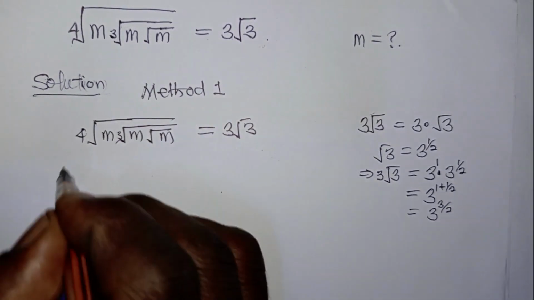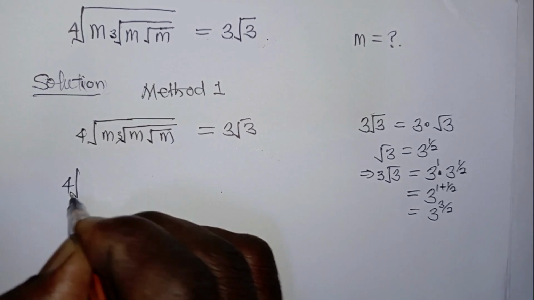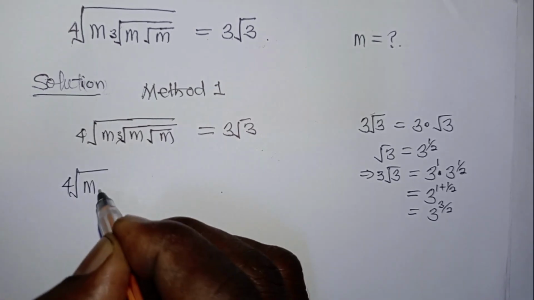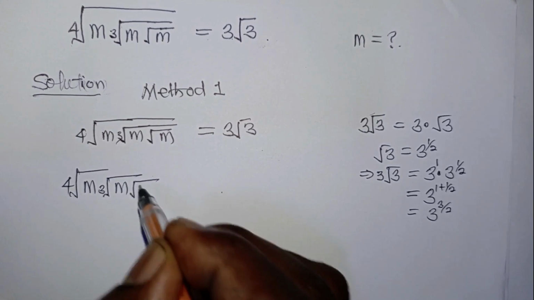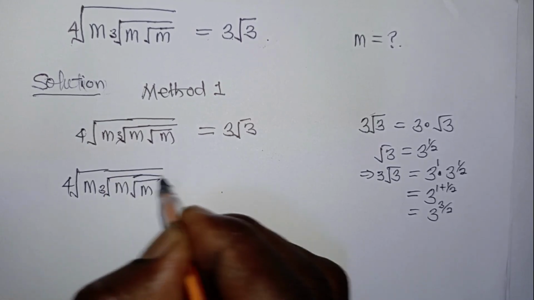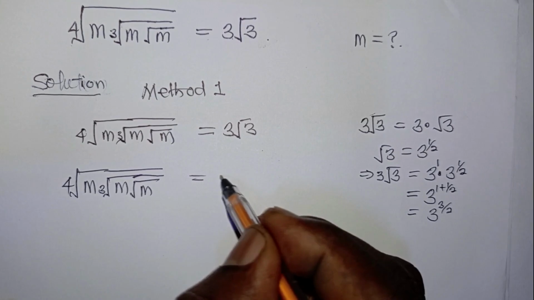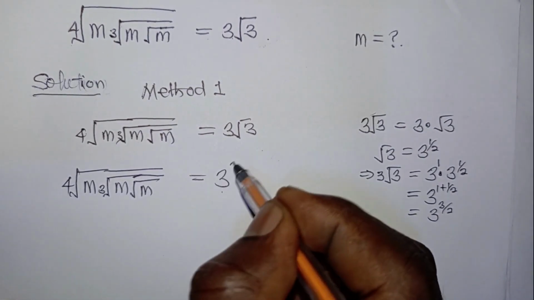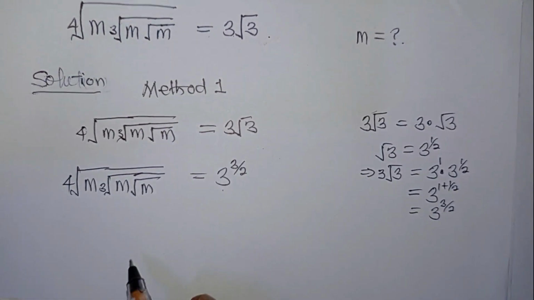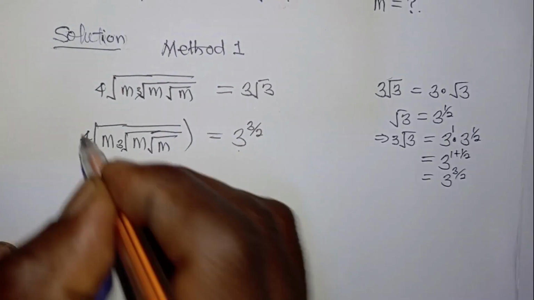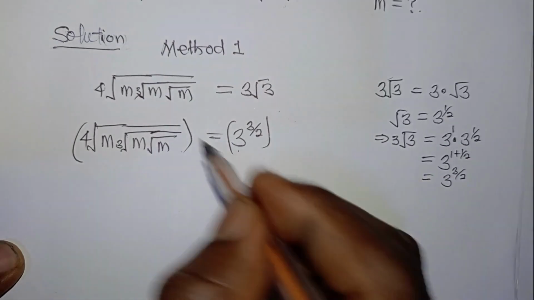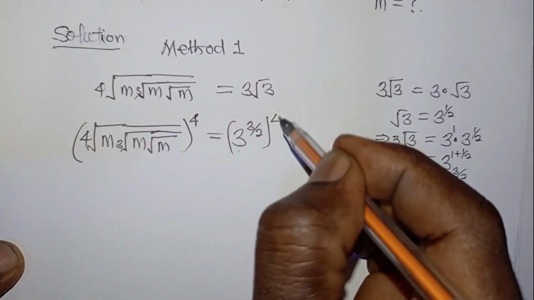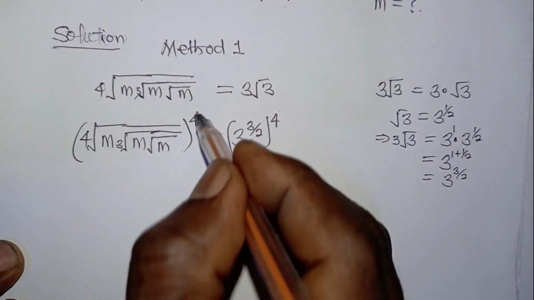So come here. We have the fourth root of m, cube root of m, square root of m equals 3 to the power 3 over 2. So here we take the fourth power of this, and the fourth power of this, so to the power 4 here, to the power 4 here.